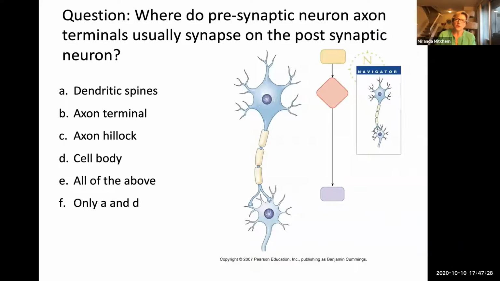Okay, so where does the presynaptic neuron axon terminal interact with the postsynaptic neuron? This is a question that we were just discussing a moment before. If we're talking about a synapse, that is the relay of information over a physical space between one cell and another. It is not always nervous system to nervous system.